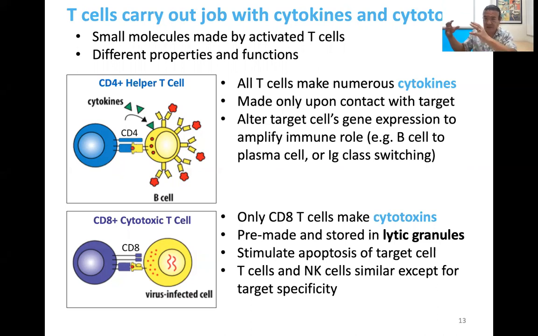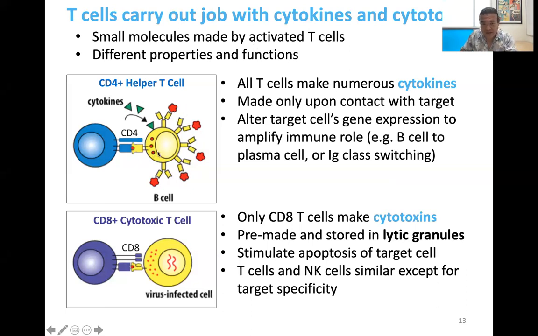So for example, if it's a CD4 helper T cell that's synapsing with this B cell over here, and this B cell happens to have immunoglobulin that binds to the particular antigen of interest, the B cell's pulling these antigens in because it's constantly recycling the immunoglobulins on its surface. So as it pulls the immunoglobulins in, it also pulls in chunks of, for example, the pathogen.